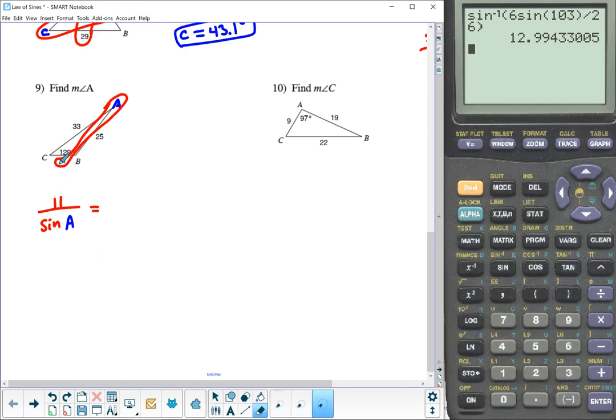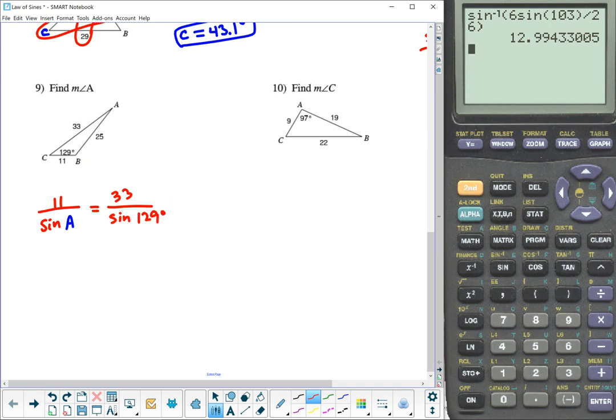Now, if you look here, 129, which angle is that? Would it be angle C or angle B? 129 is a huge angle. That's got to be angle B. So I'm going to go ahead and say angle B is 129. That means opposite is 33. So we're going to go 33 over sine of angle B.